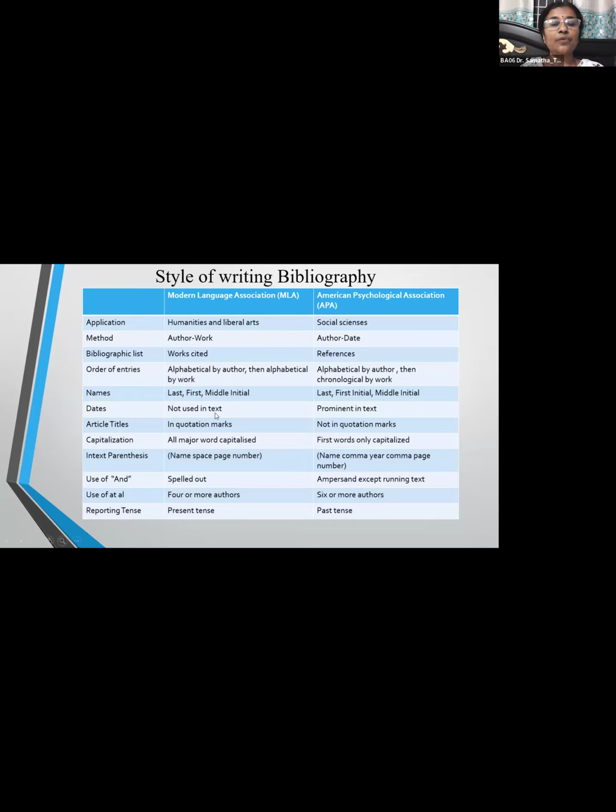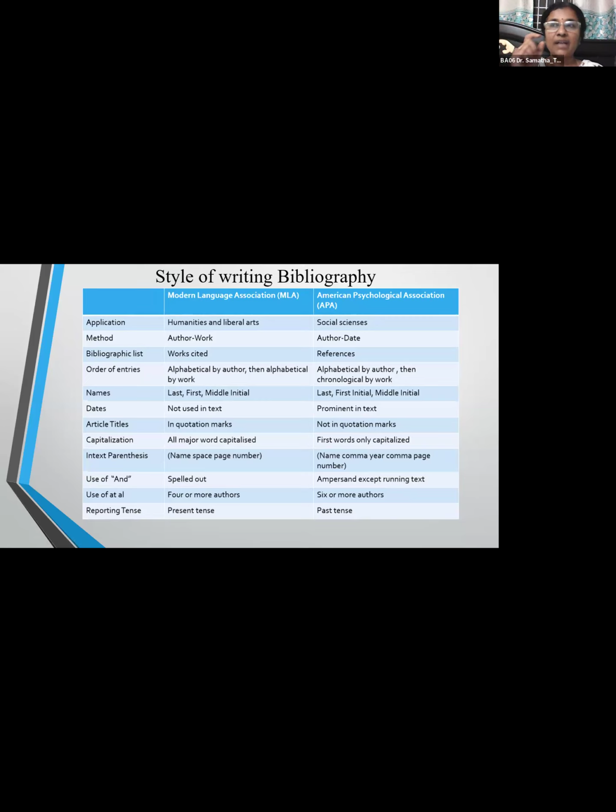Dates are not used in the text in MLA, but in the APA method, dates will be mentioned in the text. Text means the bibliographies will be given as reference in the main part of the research.